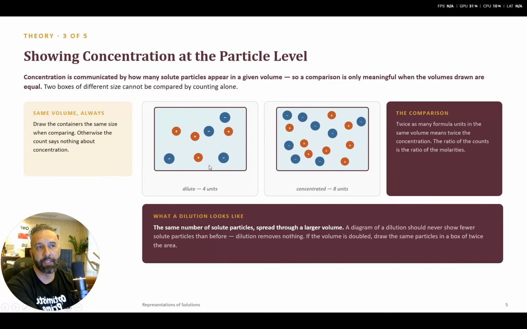Because here I've got four of these ionic compounds, and here I've got eight. That doesn't necessarily mean there are four moles, but what I can say with certainty is that I've got double the number of moles here compared to here, and since the volume is the same, that just means that the concentration here is double.